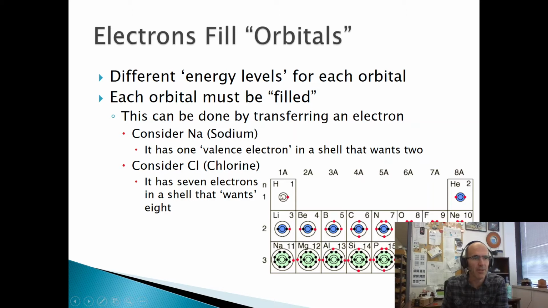Hydrogen is missing one from its outside shell too. So if hydrogen either gives up one electron or gains one electron right here, it's going to have either a completely empty shell, which is like, okay, I can live with that, or it's going to have a completely filled shell, which it's okay, it can live with that as well. Lithium can give up one or gain seven to make its outer shell happy.